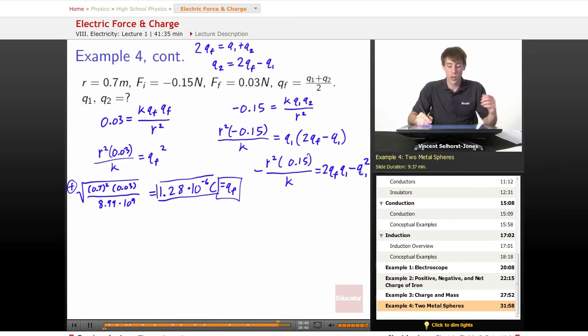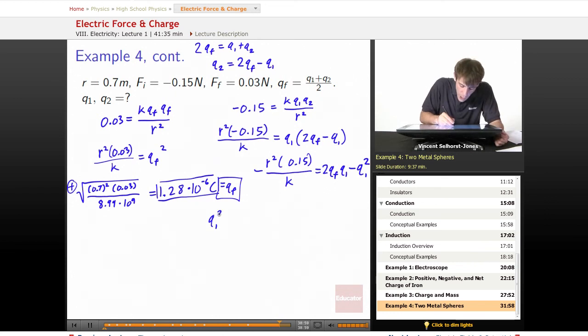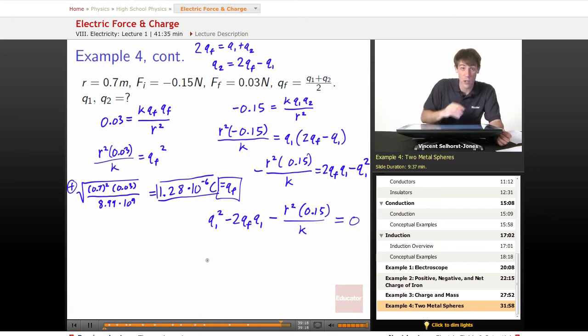All right, at this point we'll move everything over to one side because what we've got now is a quadratic equation, right? We're going to have to use either the quadratic formula or some sort of calculator that has an impressive amount of algebraic solving in it. So we've got Q1 squared, and we keep moving things over because we want this equal to 0, minus 2QF Q1 minus R squared 0.15 over K. Let's substitute in all the values we know, and it equals 0.